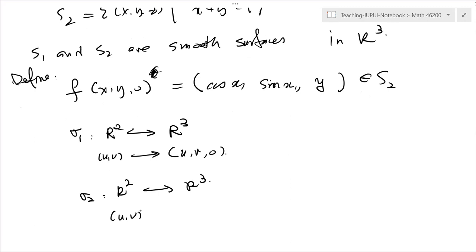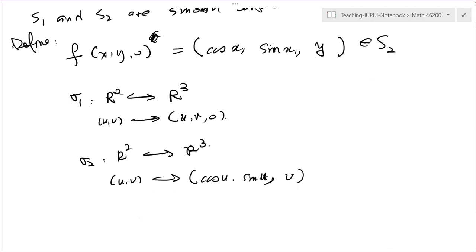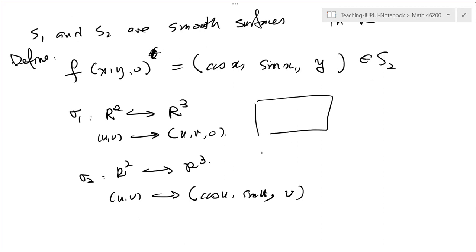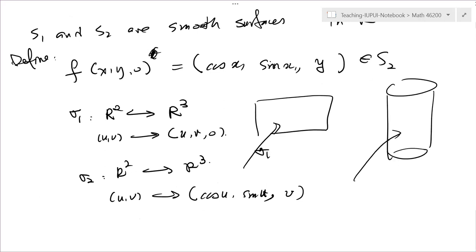I want to use different notations, but it's okay, it doesn't matter. Using the same variables is fine. But that's for the cylinder. It's going to be cosine U, sine U, and V. So this is a plane, this is sigma 1. And here's the cylinder, sigma 2.